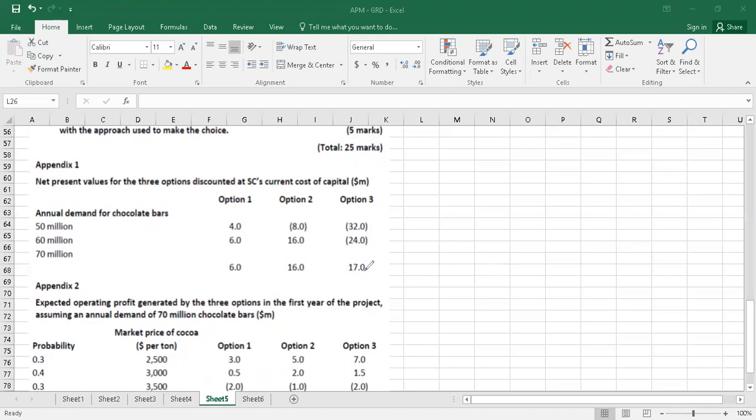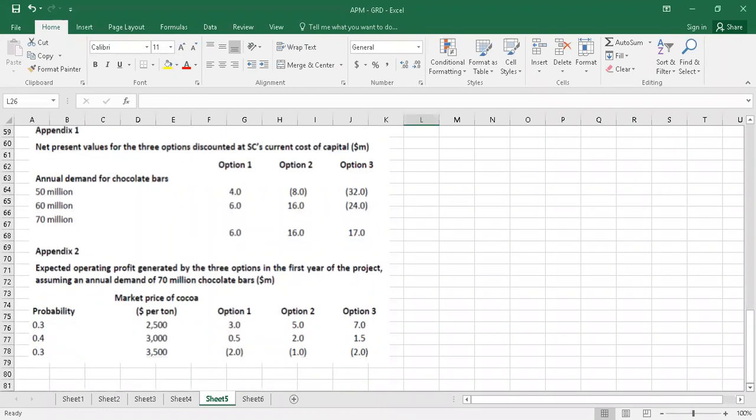Okay. Then we have appendix 2. Appendix 2 says expected operating profit generated by the three options in the first year of the project, assuming an annual demand of 70 million chocolate bars. The probability is 0.3, 0.4, 0.3, and the market price of cocoa is 2,500, 3,000, 3,500.